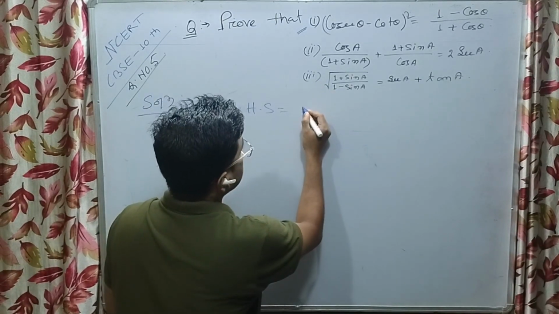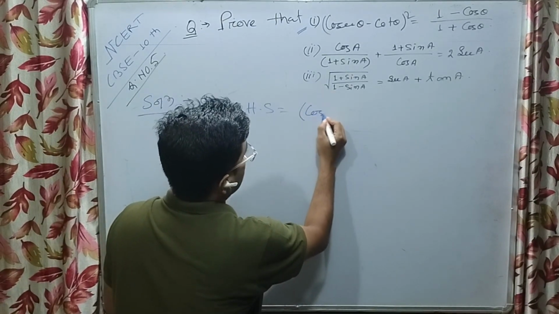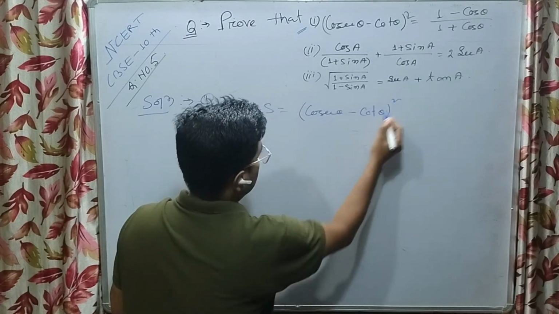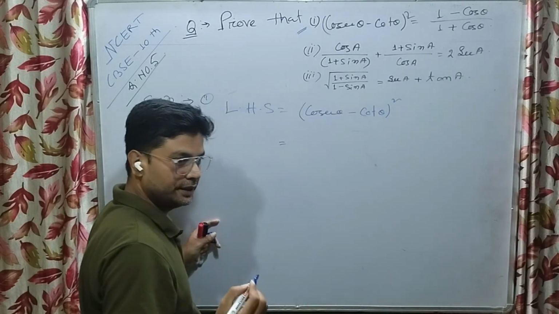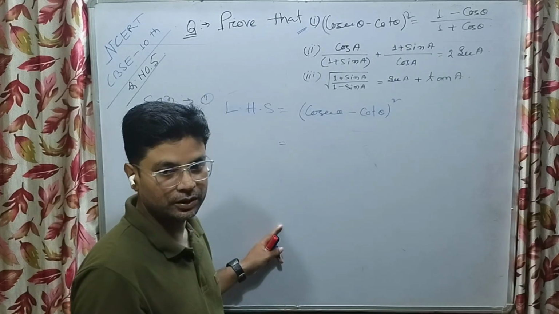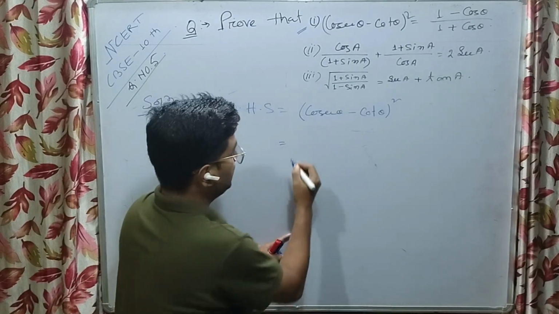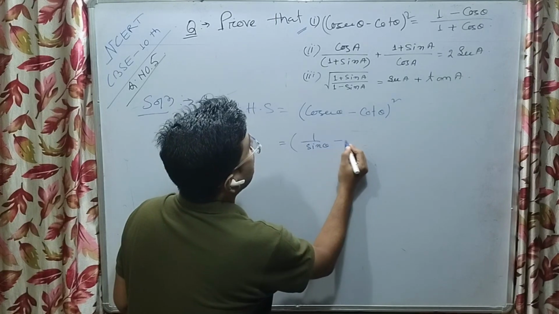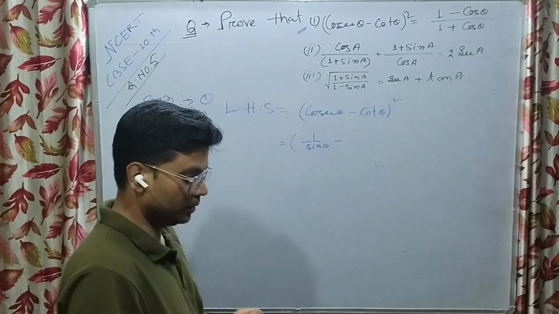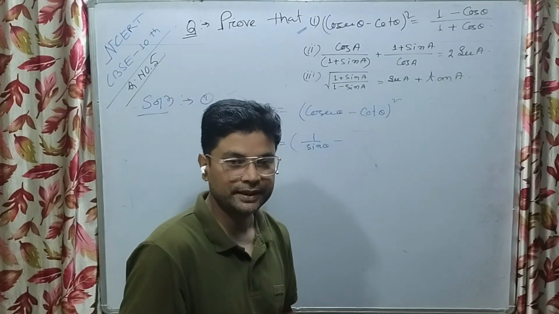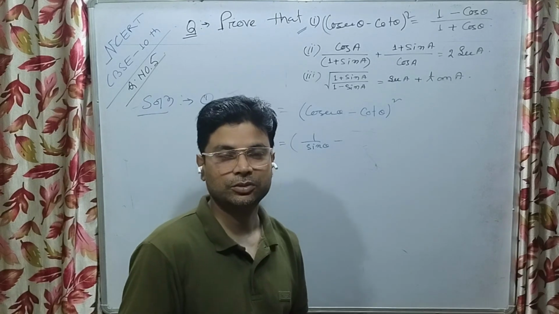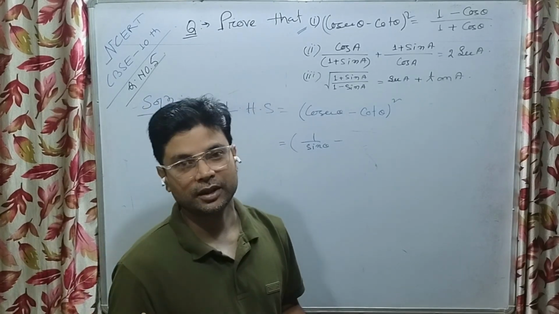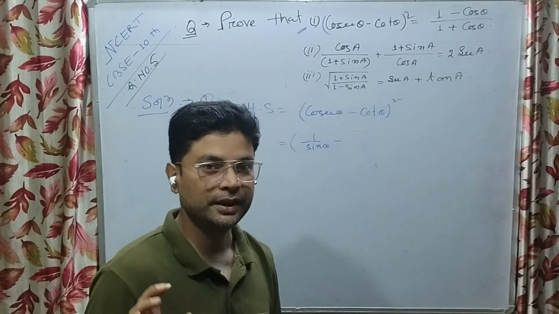The left hand side of the first problem is cosec theta minus cot theta whole square. Students, I have already discussed cosec theta is equal to 1 by sin theta. I will write 1 by sin theta minus cot theta. Cot theta is equal to 1 by tan theta, and tan theta is equal to sin theta by cos theta, and the reciprocal of sin theta by cos theta is cos theta by sin theta.